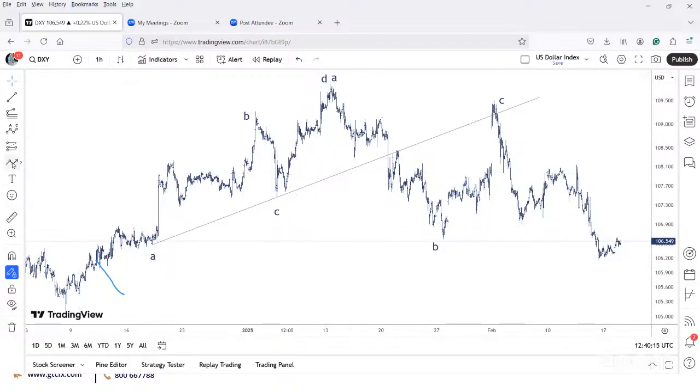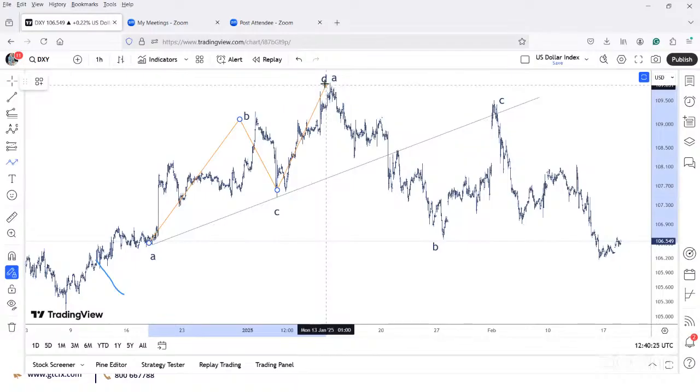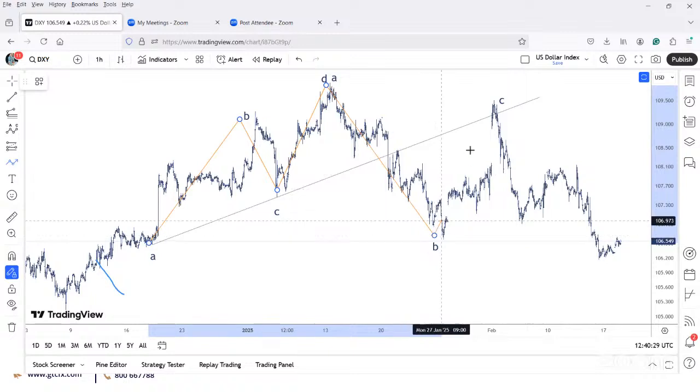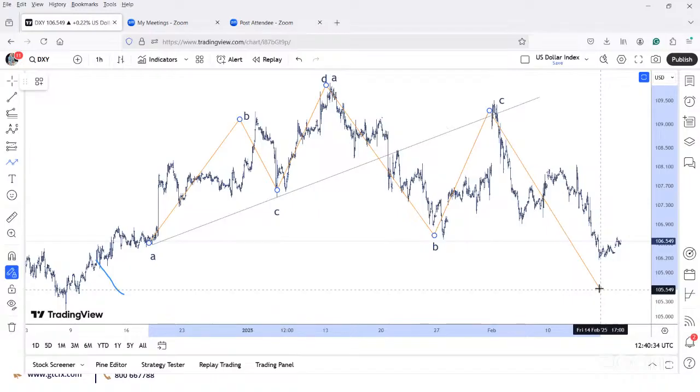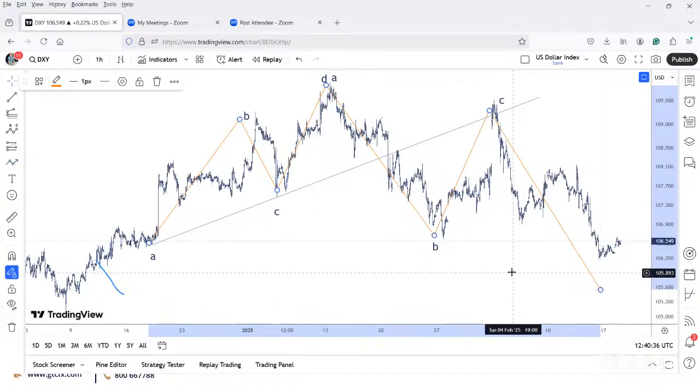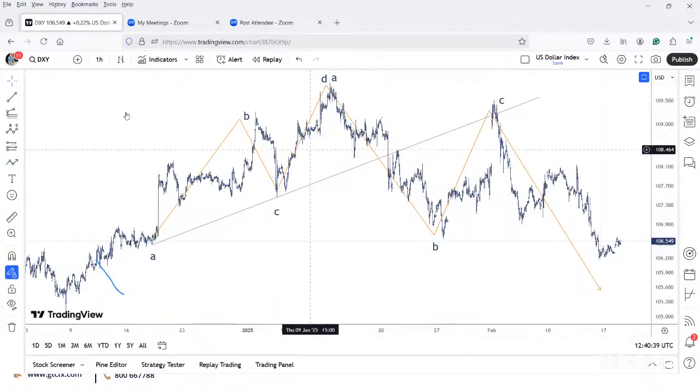I want you to see the shape here, please. Can you visualize this as a head and shoulder reversal that we just discussed on the slide?